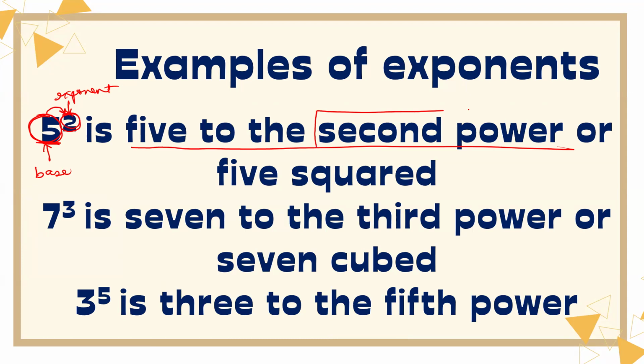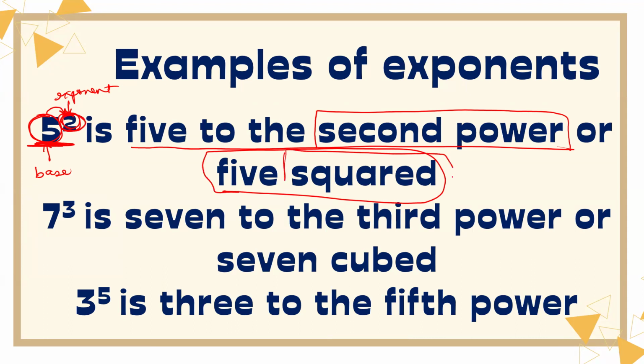Second power is the exponent of this particular expression. Another way of calling this expression is 5 squared. When any number or variable is raised to 2, we call it squared. That's why 5 raised to the second power is also called 5 squared.